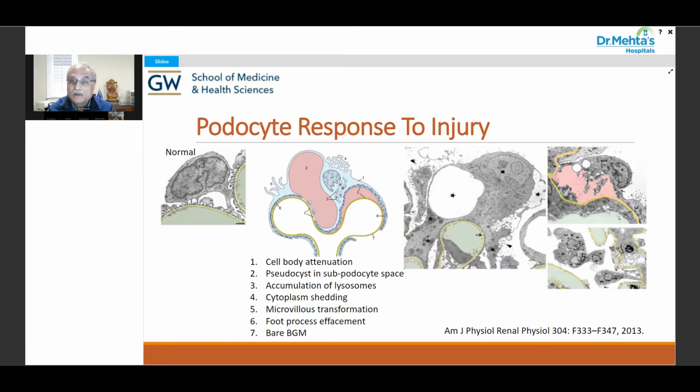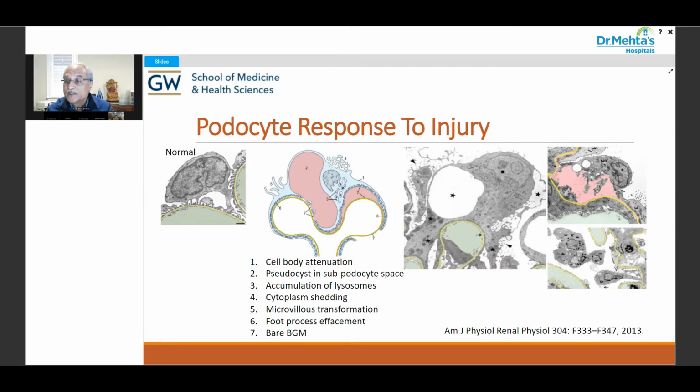These are all features of podocyte injury, which in the past we have not paid a whole lot of attention to. I have listed these right here on this slide, and you can go through that in this diagrammatic representation. Basically, a sick podocyte with a lot of features suggestive of a dying podocyte.